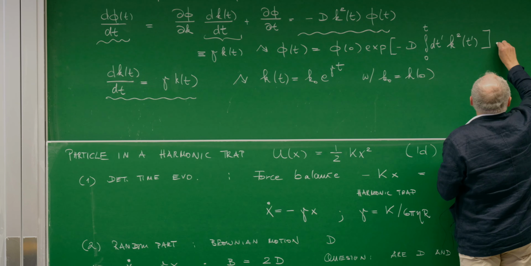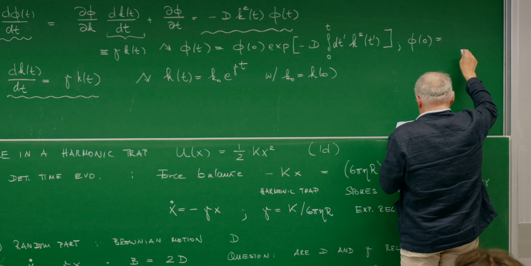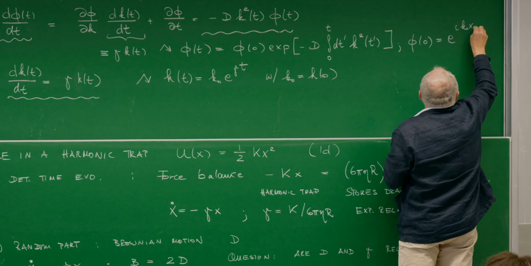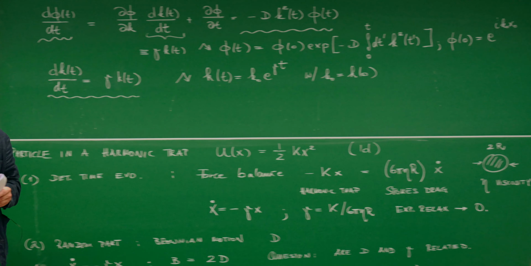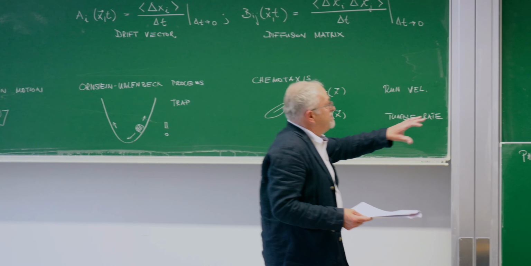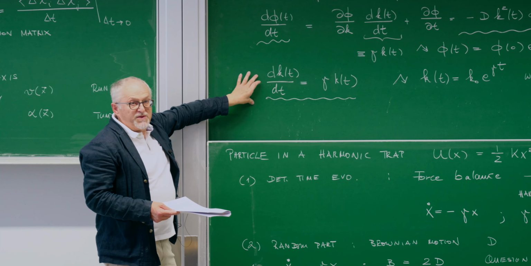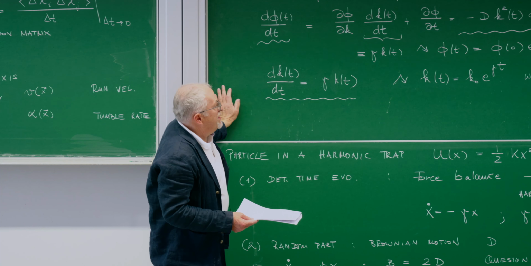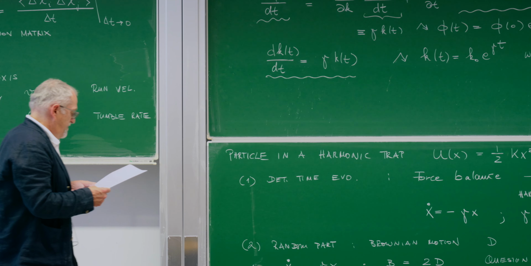And the initial condition here is φ of 0 is e to the i k0 x0. So I'm done. I can solve these two equations. By the way, the method of characteristics is called that way because this equation with that equation are the two characteristics of the partial differential equation for which I can give the complete solution.